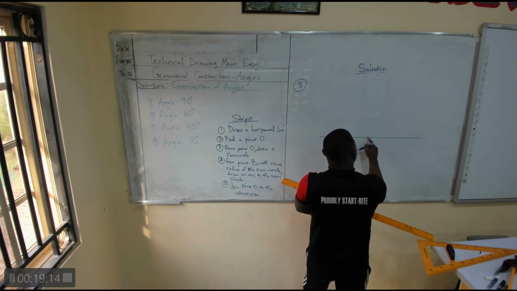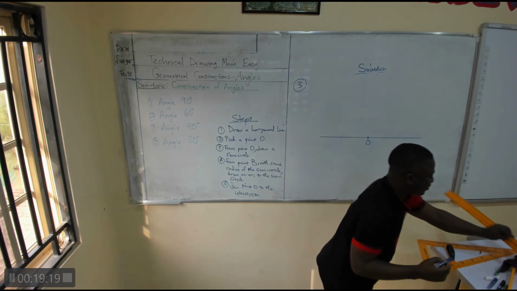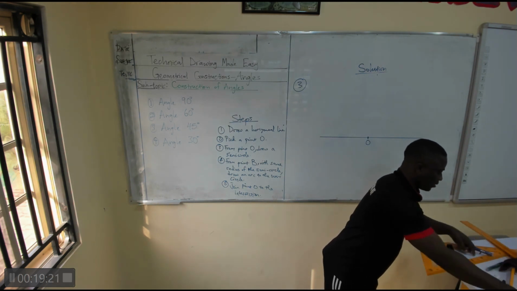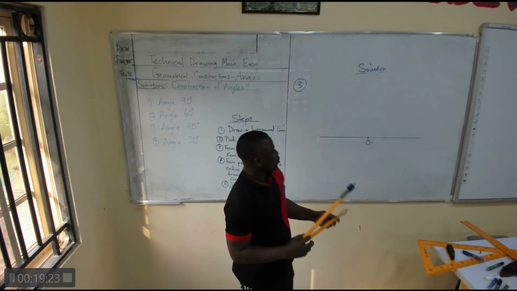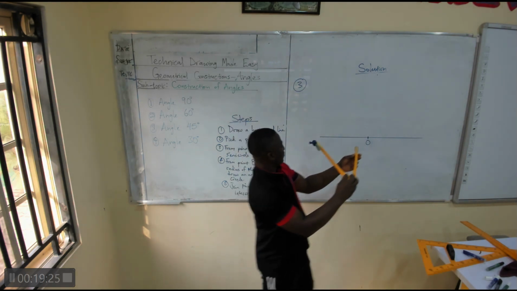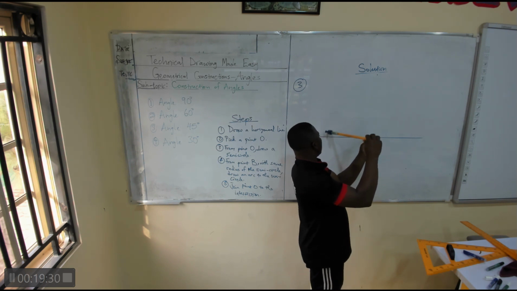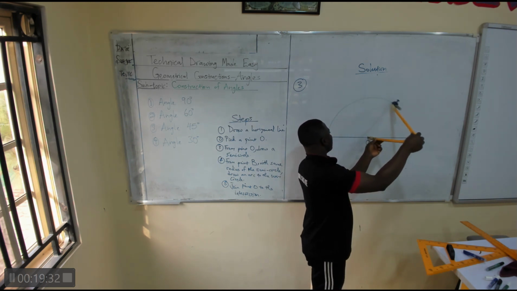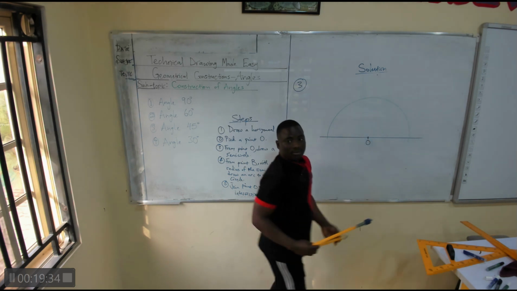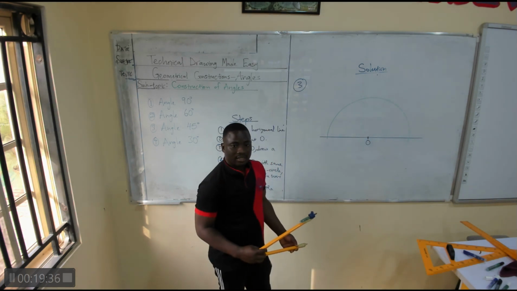You pick your point. You label it O. Excellent. Now we are going to draw a semicircle. Next step is put your compass at point O and draw a semicircle. Can you see this? Good, excellent.